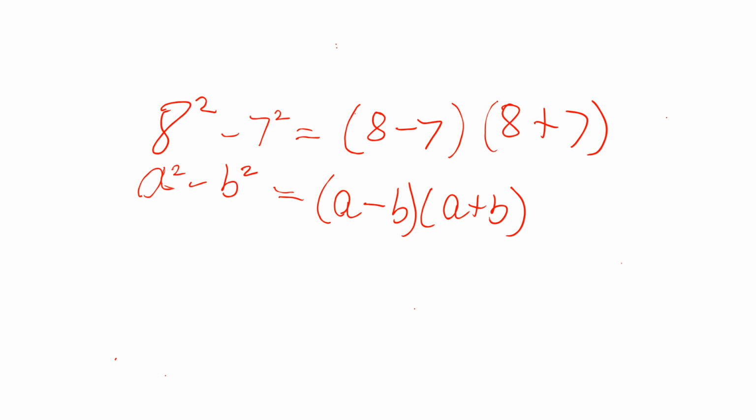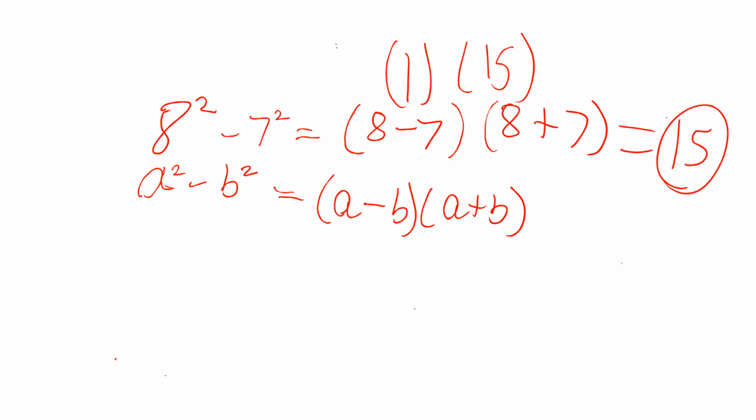Most people will think you'll just solve this. So 8 minus 7 is 1, 8 plus 7 is 15. So our answer is 15. Extremely easy to do expressions like that. Another problem we're going to see is 7 squared minus 6 squared.